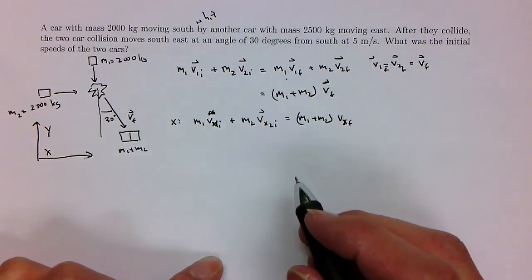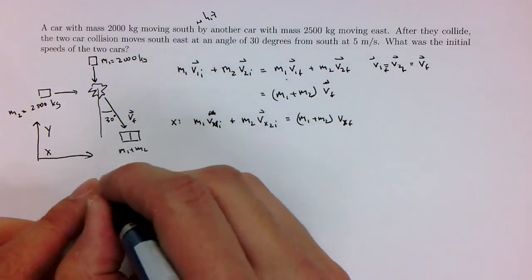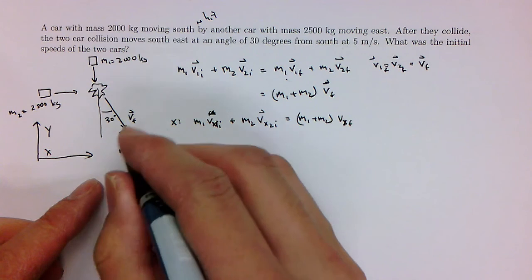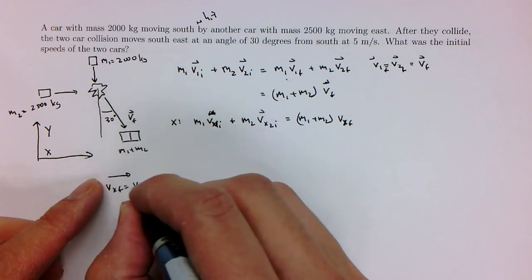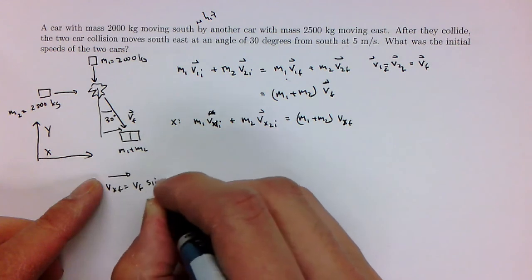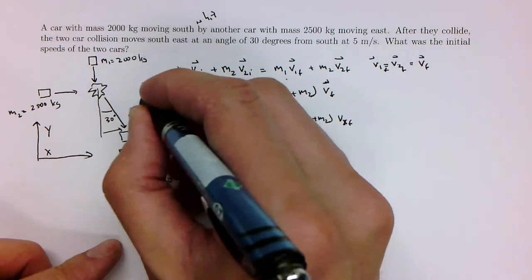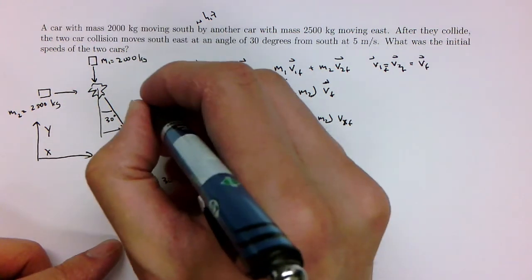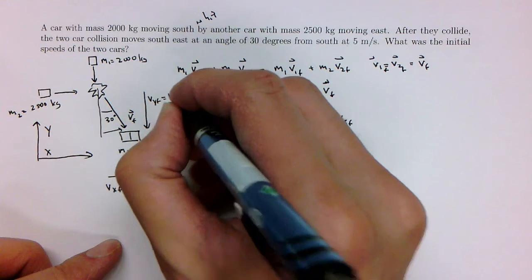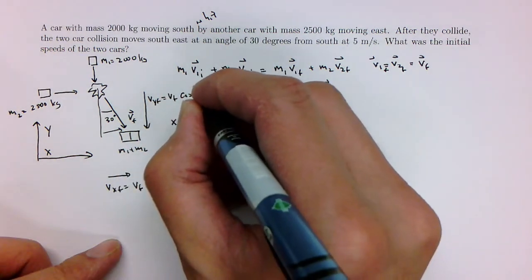And we know that Vx final is just Vf times the sine of 30 degrees. Similarly, Vy final is equal to Vf times the cosine of 30 degrees.